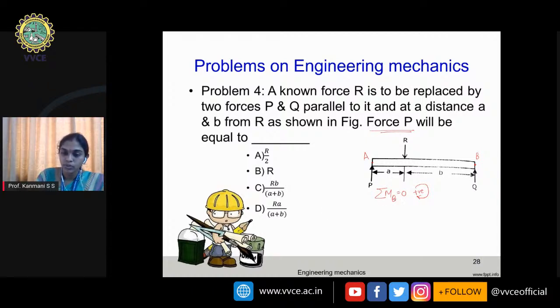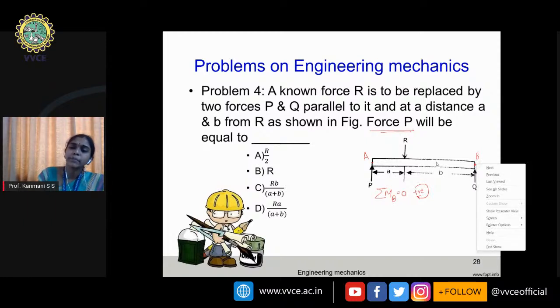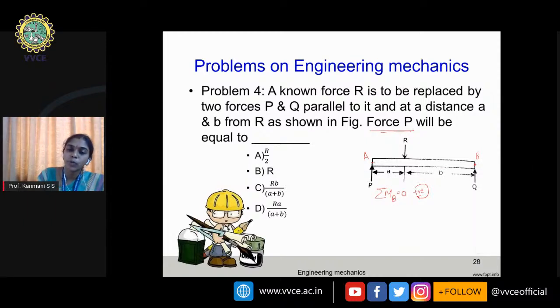B indicates that we take moments about point B. I can make this formula hold good about point A, about the point of R, or anywhere in between also. But I'm taking it here because if I take it here, the moment due to Q will become 0. So I'll get P directly.